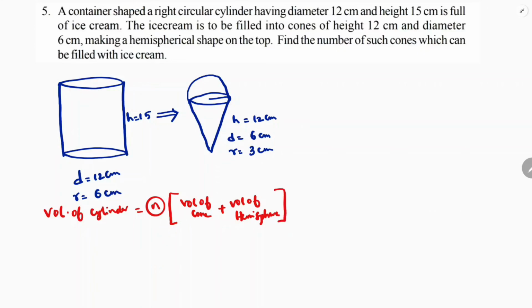So if you write the formulas, volume of cylinder is pi r square h here, and n into volume of cone is 1 by 3 pi r square h, and here 2 by 3 pi r cube.